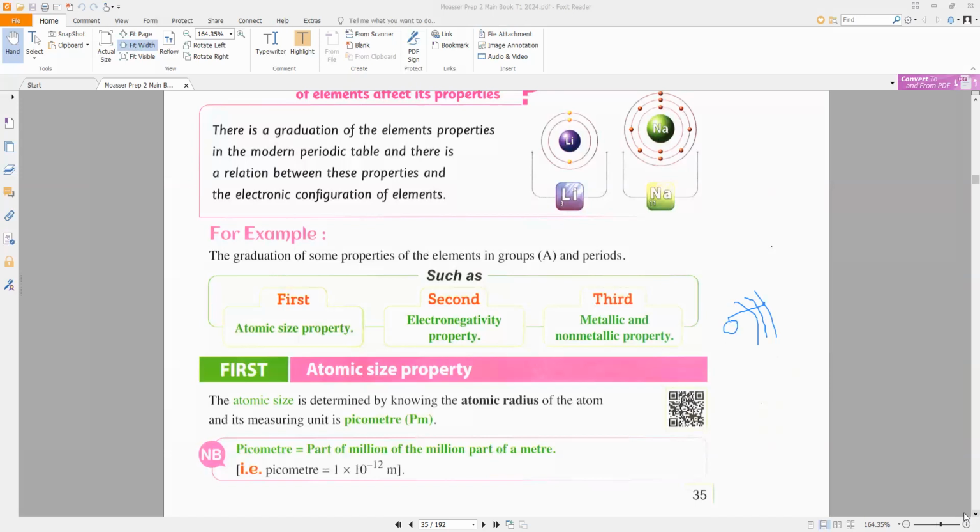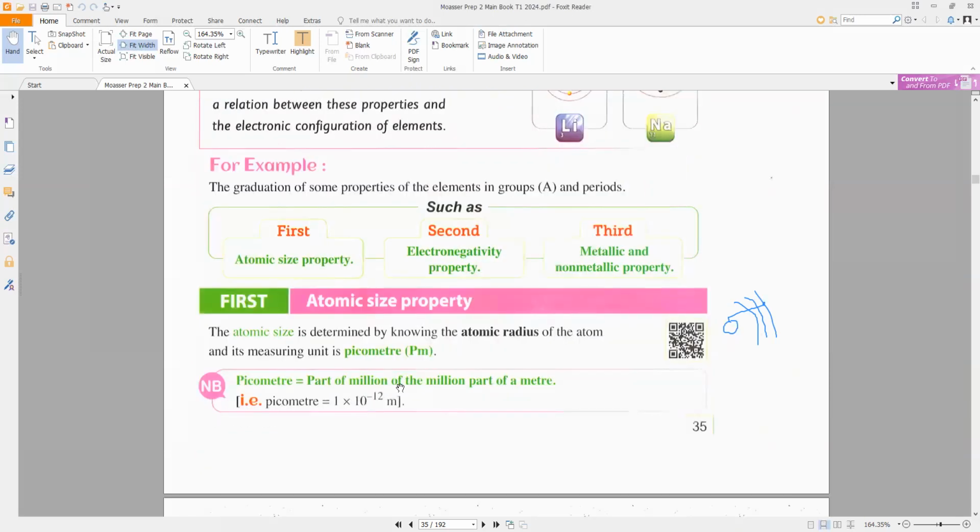And picometer means one part of a million million parts of a meter. Picometer is the abbreviation for this, because it's very small.